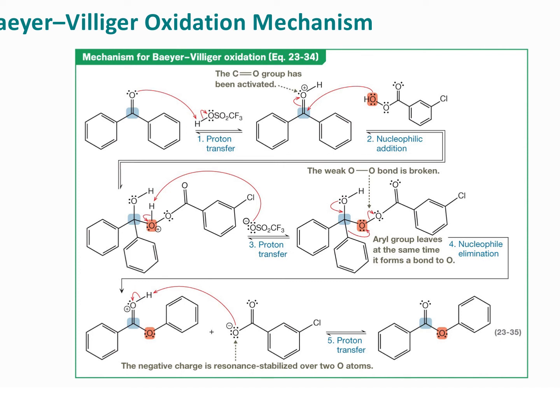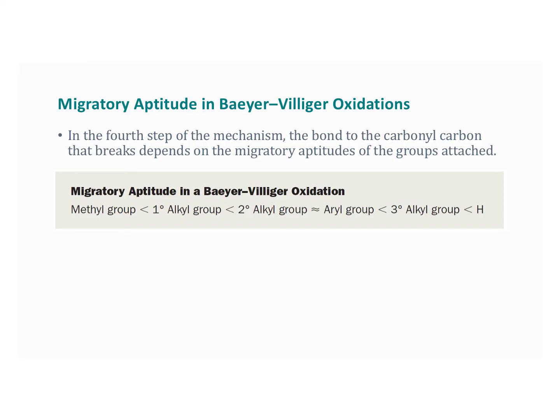So this fourth step, because this is new, I want us to focus on this for just a second. The bond to this carbonyl carbon that breaks depends on what we call the migratory aptitudes of the groups attached. When we talk about migratory aptitude, we're talking about the aptitude of this group moving and making a bond here.